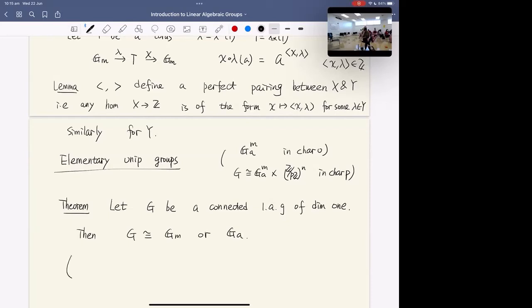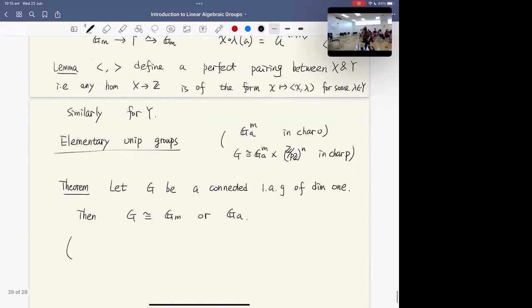The idea is that if G is connected of dimension 1, you can show that G is commutative.